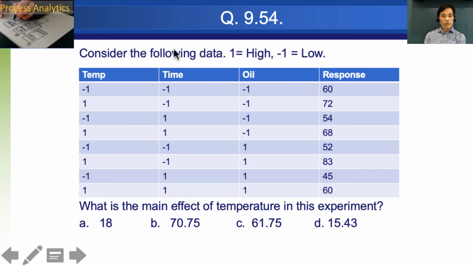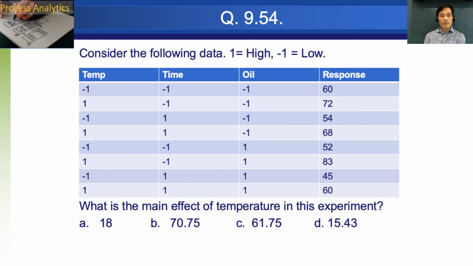And if you want to look at the main effect of low temperature, then you can look at the negative 1 sign and see the response variable as 60. So 60 plus 54 plus 52 plus 45, divided by 4, and that will give you 52.75.